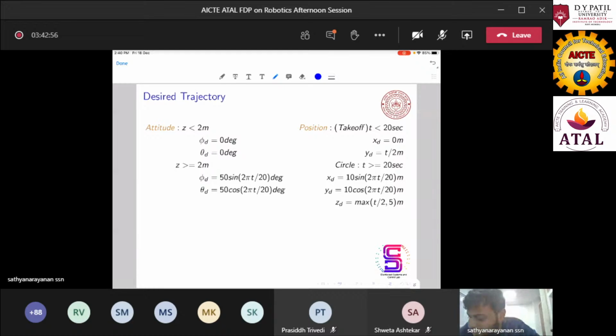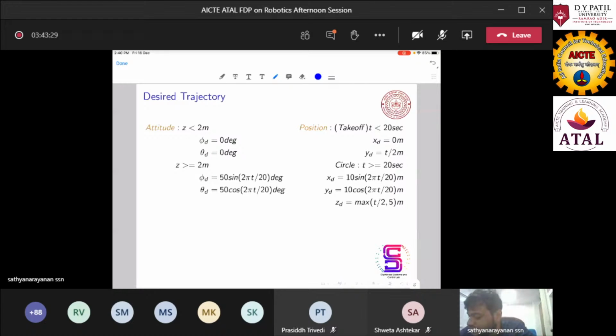What I am going to show is hardware in the loop with the desired trajectories which I have defined here. When the height is less than 2 meters, you are just going to hover, and your phi and theta are set to be 0. Once you reach 2 meters, you start to do sinusoidally varying phi and theta, the roll and pitch angles.